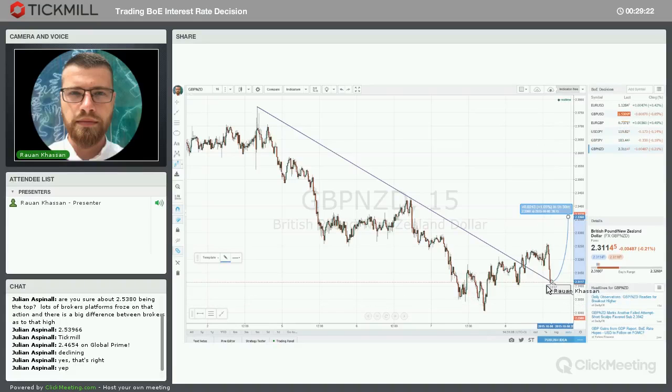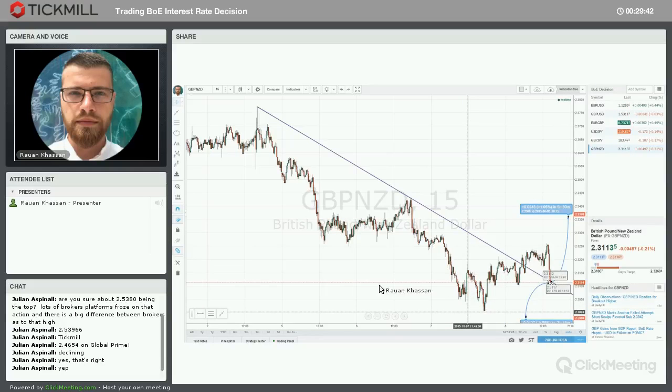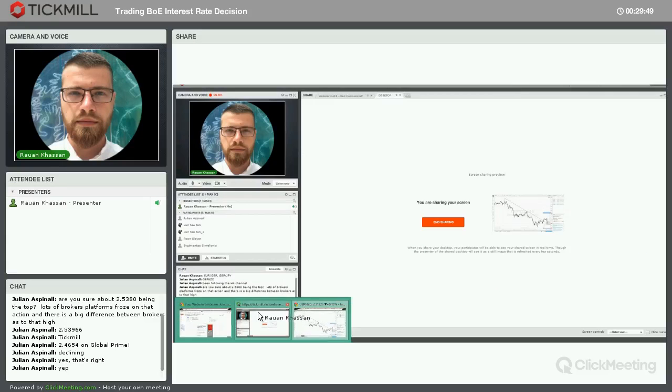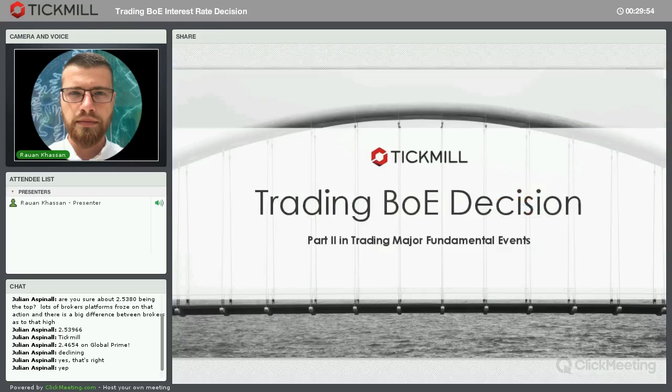The other option is that pair breaks the current dynamic resistance and continues decline further to the selected static minimum at 229.84. So I guess that's it for British pound to New Zealand dollar. Could I answer your question, Julian?